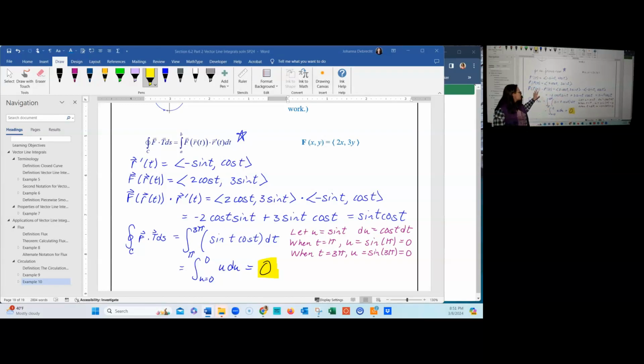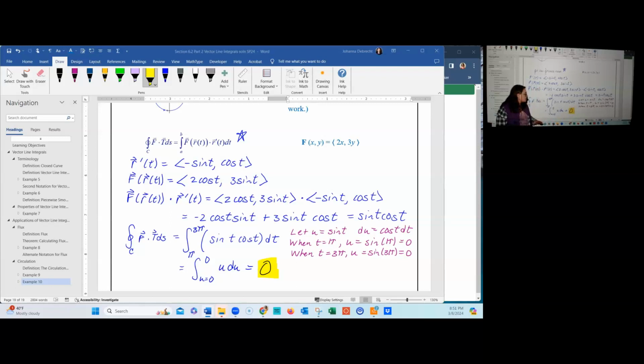Then we take the dot product of f of r of t with r prime of t, which gives us sine t cosine t for the new integrand. The integral around the closed curve C of f dot the unit tangent vector ds becomes the single integral from t equal pi to 3 pi of sine of t cosine of t dt.